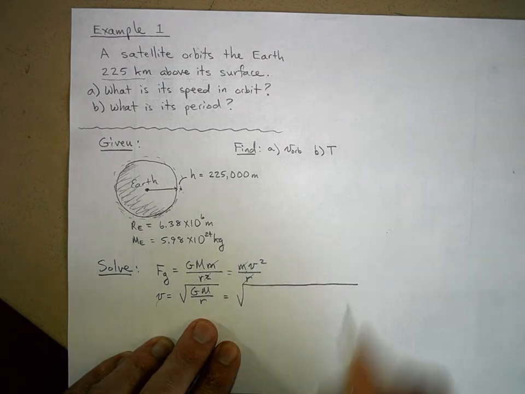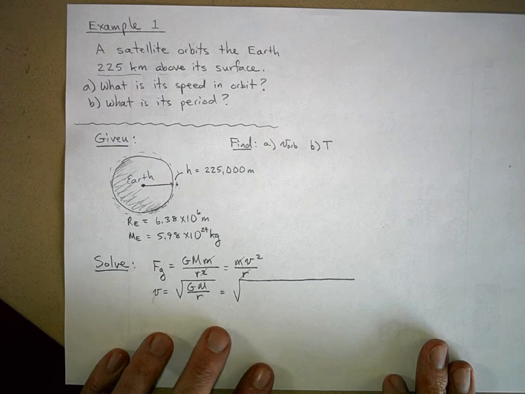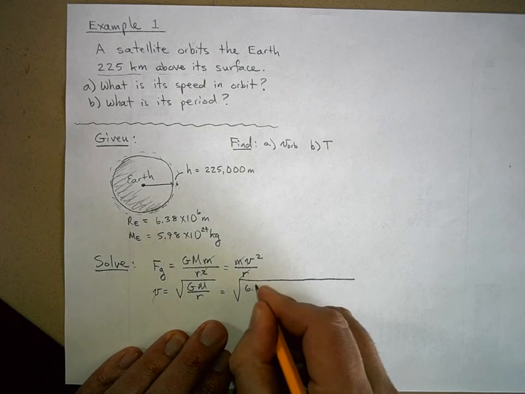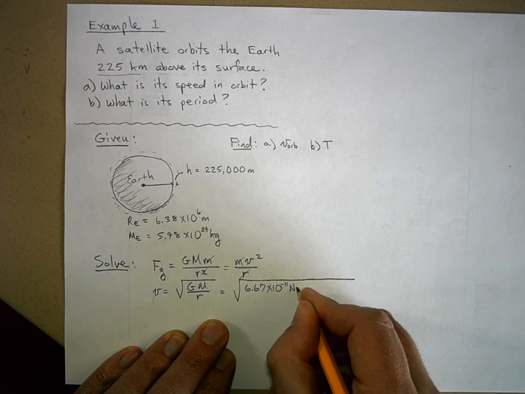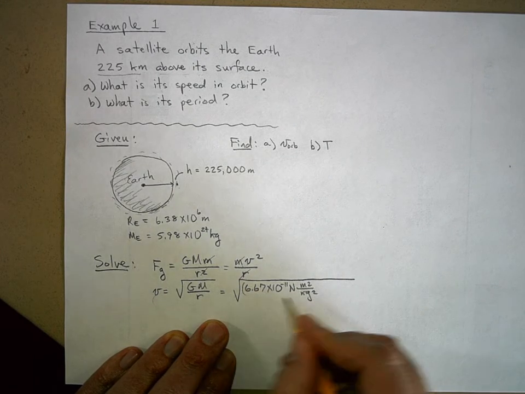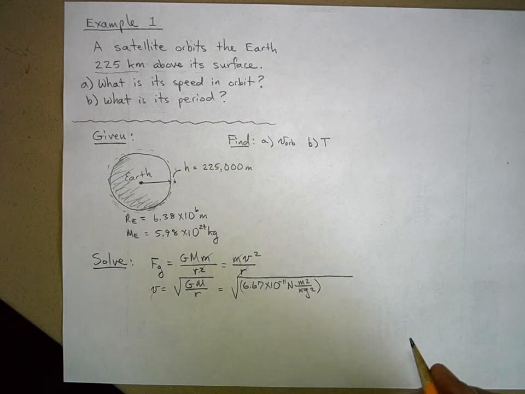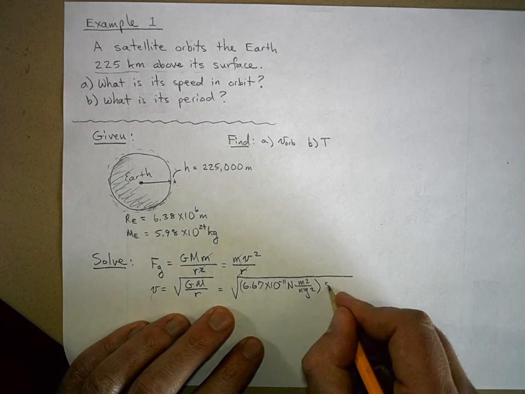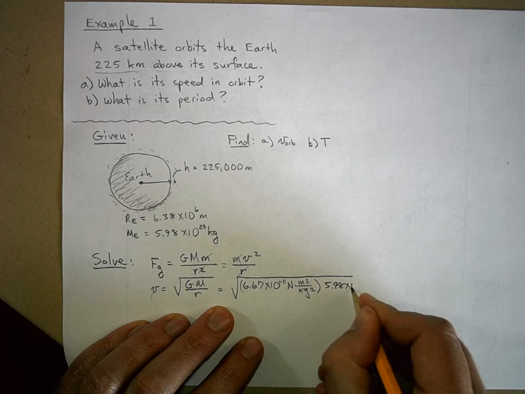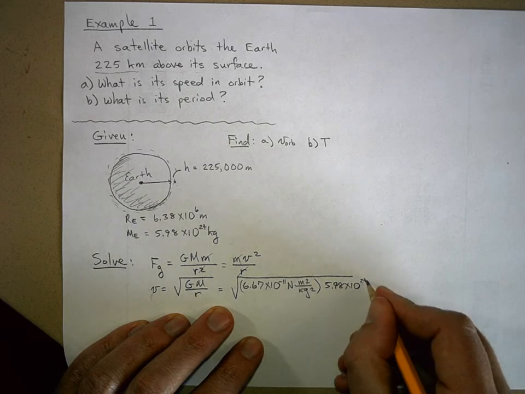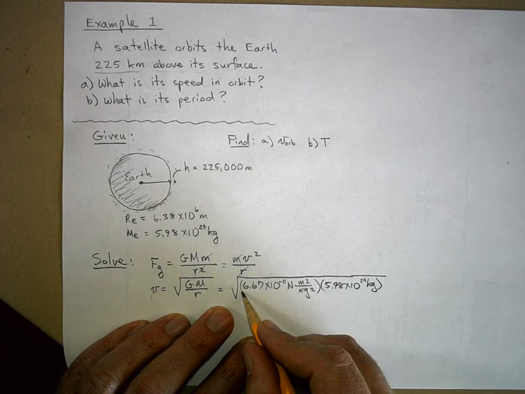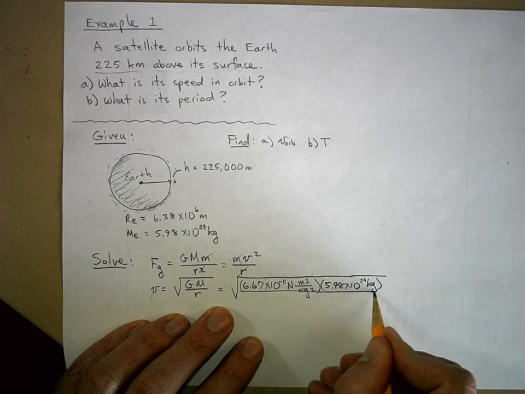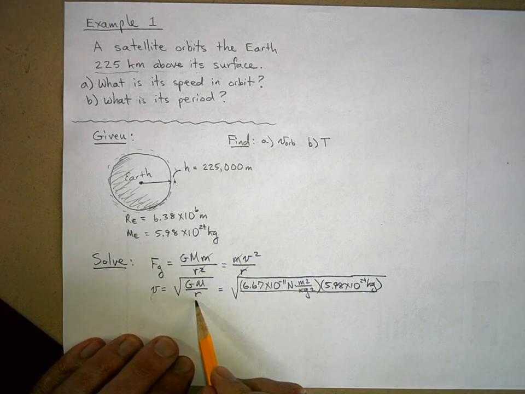Oh, this is going to be long. This is 6.67 times 10 to the negative 11 Newton meter squared per kilogram squared. I include the units, and so should you. 5.98 times 10 to the 24 kilograms, so mass of the Earth, divided by, oh, what is this r?